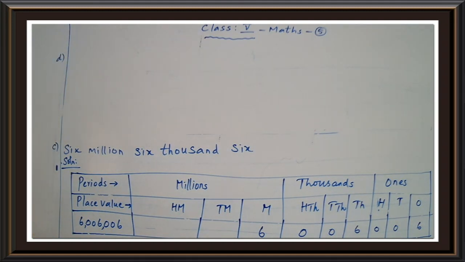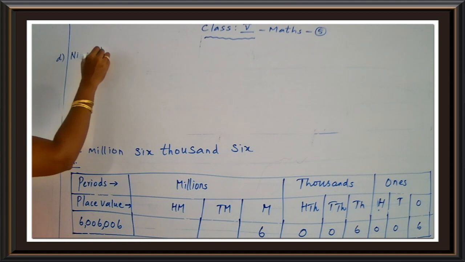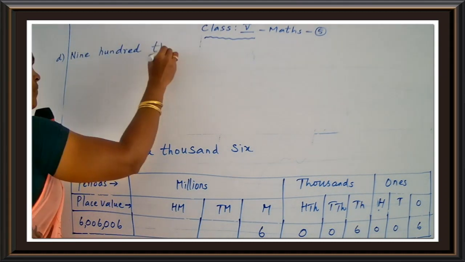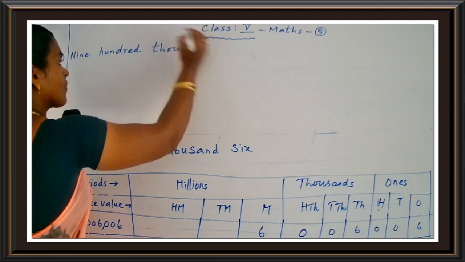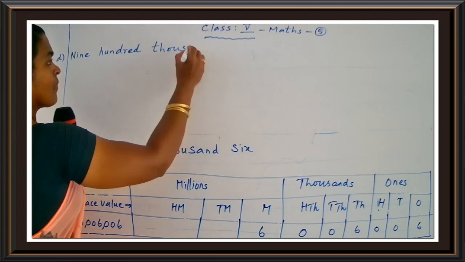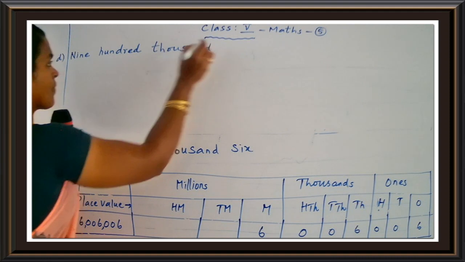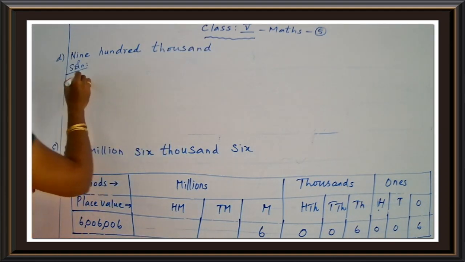D question, 900,000. Put the place value chart.